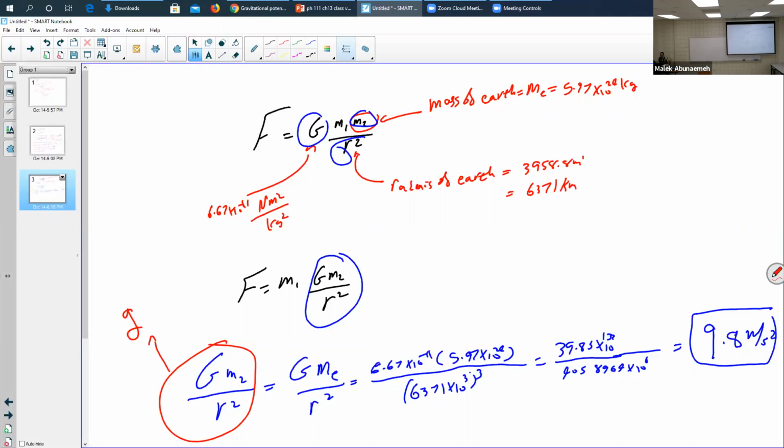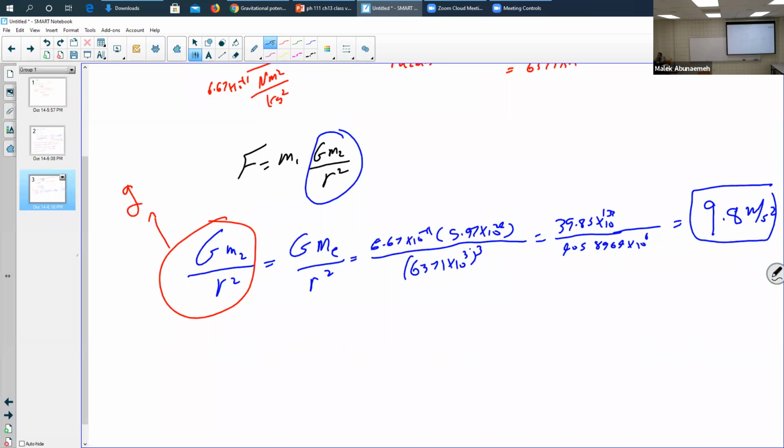If you go on the highest mountain, or let's say you get a balloon and go high up, your gravity will fall below 9.8. The closer you go toward the Earth's surface, the bigger it gets. So your g is 9.8.